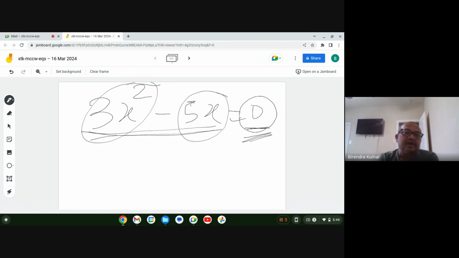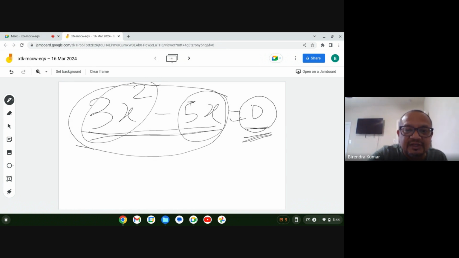Now when you look at expressions, there's one thing that you have to recall from your previous classes, that is called factorization. Meaning you have to look at ways to factorize things or make them as multiples of each other. If I can convert this into something times something, then it's easy.